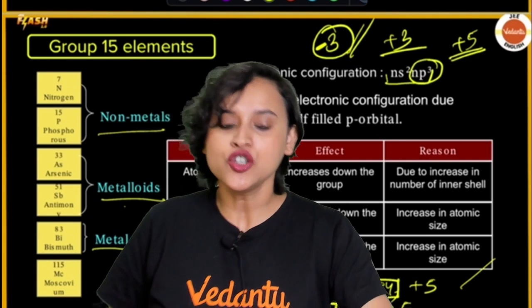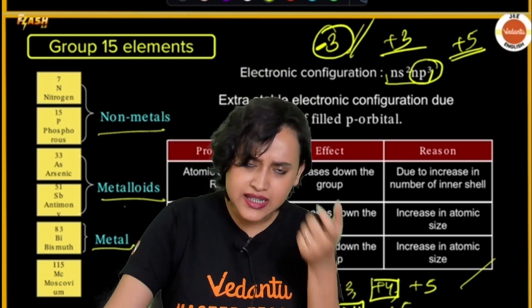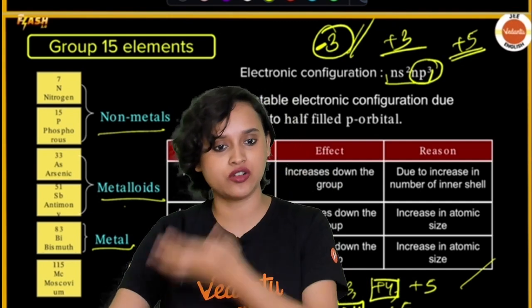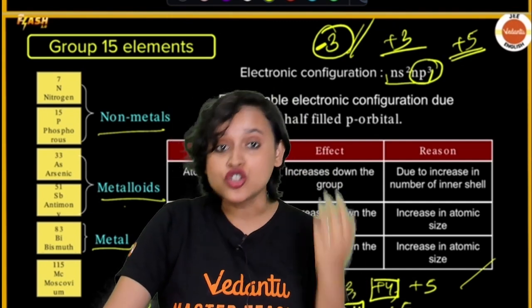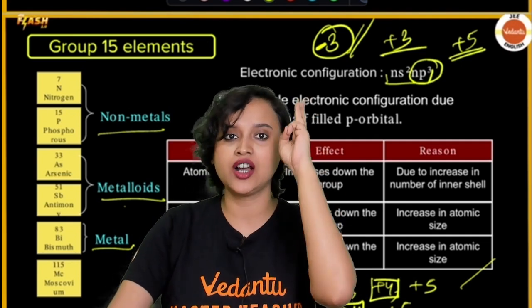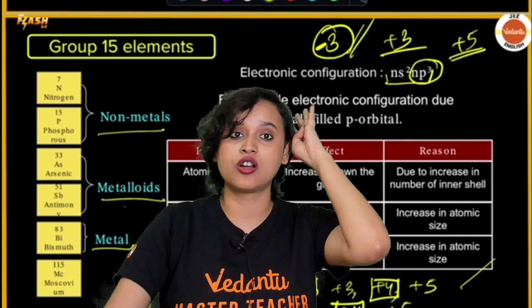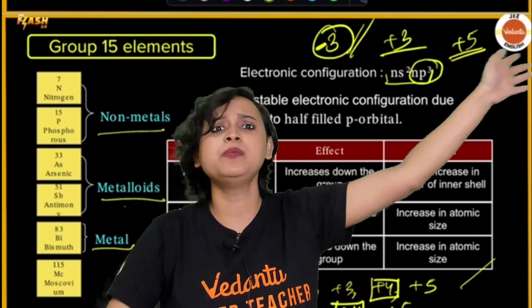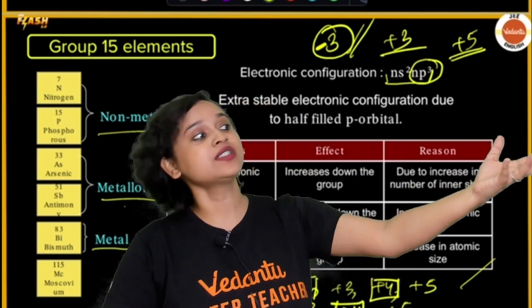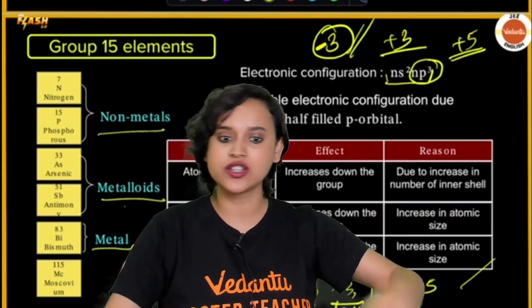So what do we call this weird behavior of nitrogen? This is called the anomalous behavior of nitrogen. And why does it show this? It shows this anomalous behavior because of small size, high electronegativity, high ionization enthalpy, and absence of d orbitals. Nitrogen can form multiple p-pi p-pi bonds with itself, or with atoms of similar size, like nitrogen and oxygen, nitrogen and carbon.